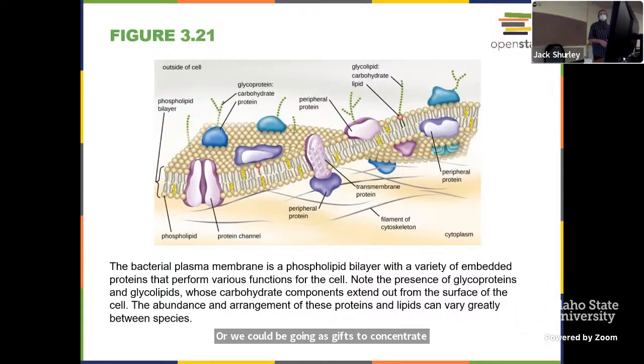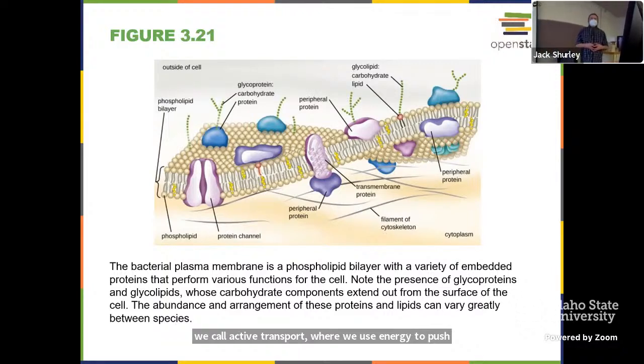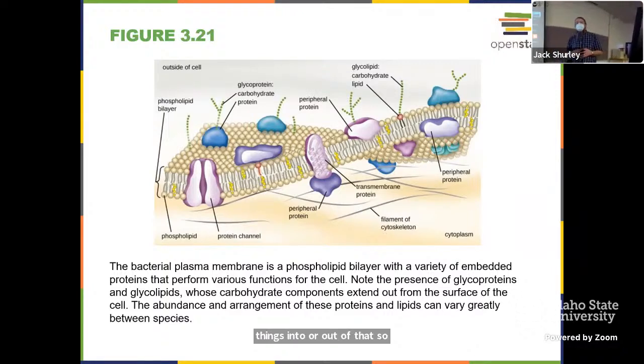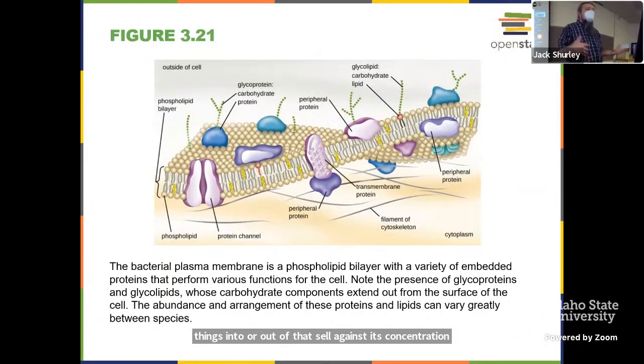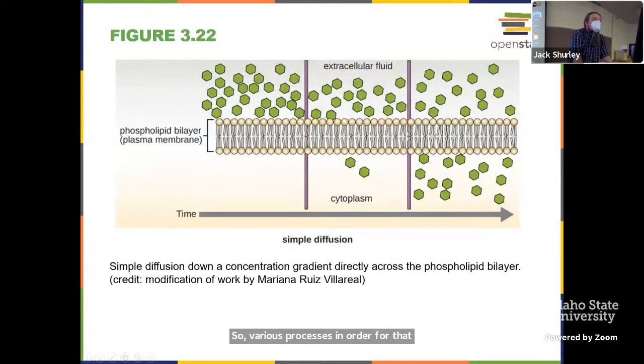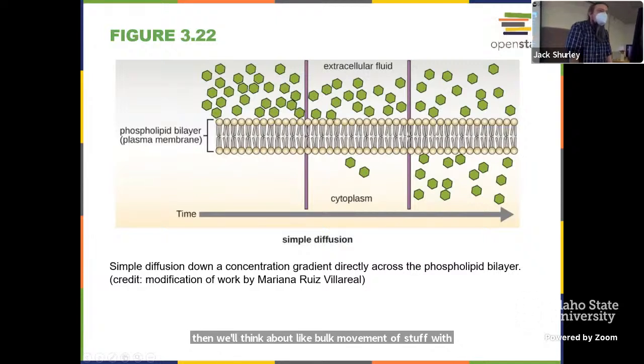And we call it active transport, where we use energy to push things into or out of that cell against its concentration gradient, all right? So there are various processes in order for that to happen. And then we'll think about bulk movement of stuff with endocytosis, and there's a handful of ways that we can further divide that.